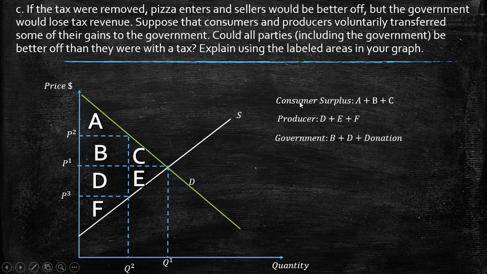So in this case the consumer surplus is not going to be A plus B plus C, but A plus a little bit of C, and from the producer side it's going to be F and a little bit of E.